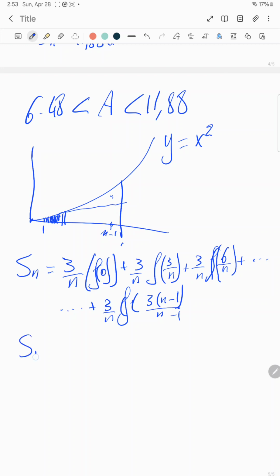Again, f of 0 is 0 because I replace x by 0. 0 multiplied by whatever is 0.